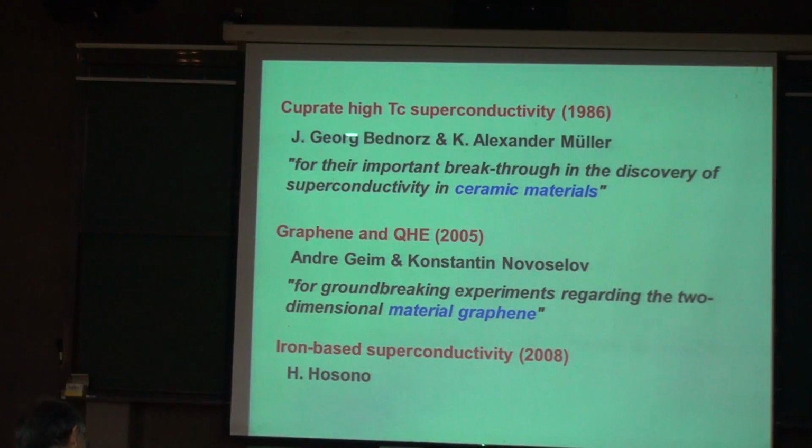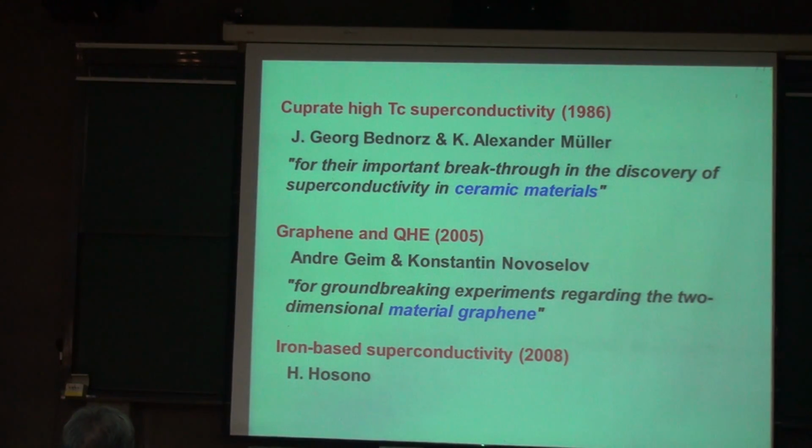Particularly, I use this example, like the cuprate high temperature superconductivity discovered by Dr. Bednorz and Müller in 1986. So this is a big discovery, but the discovery is a materials discovery. So far, we have almost no idea about the mechanism of how high temperature superconductivity works.